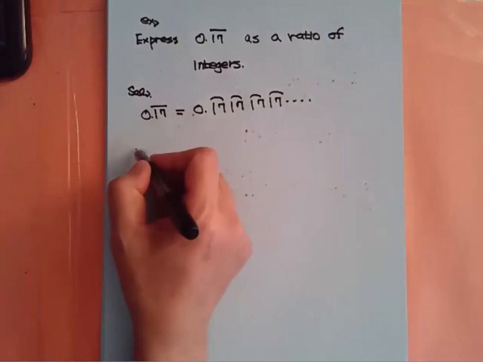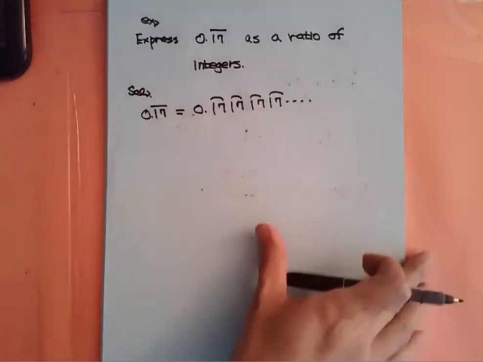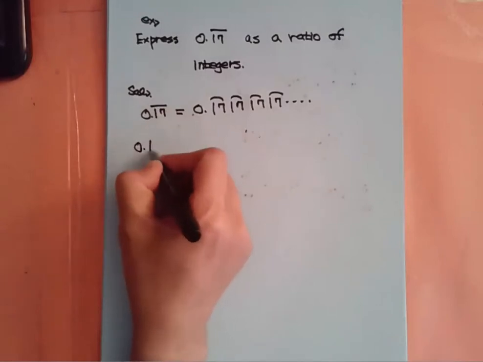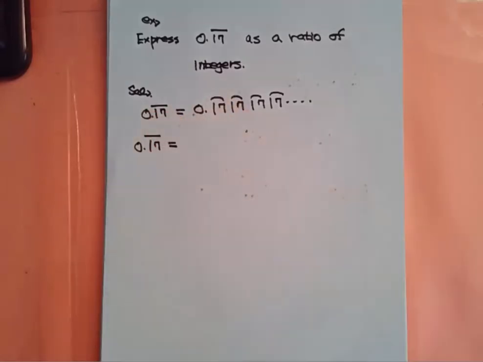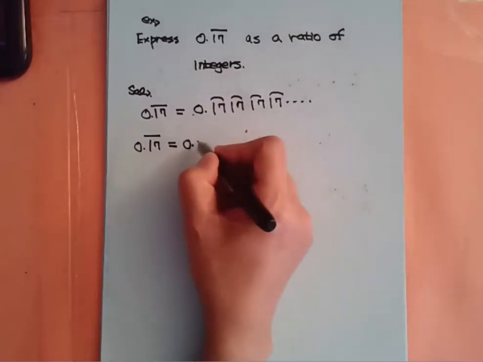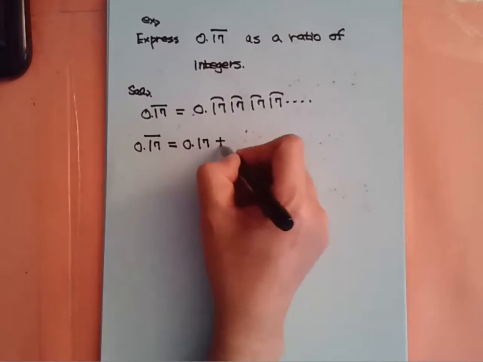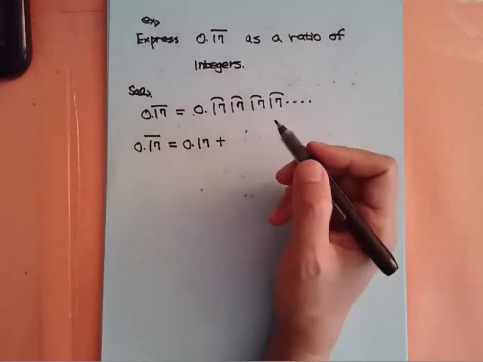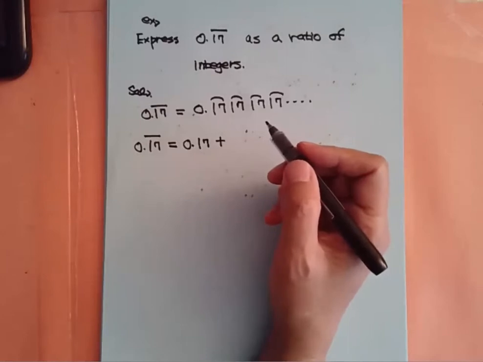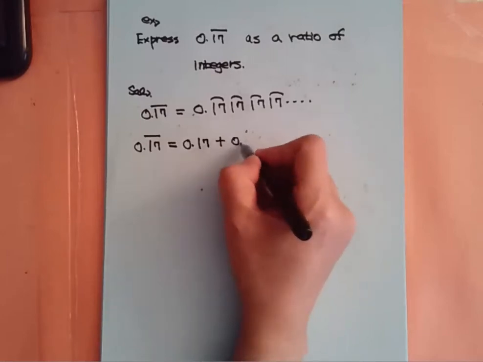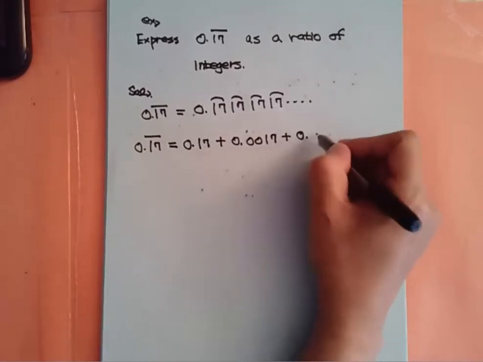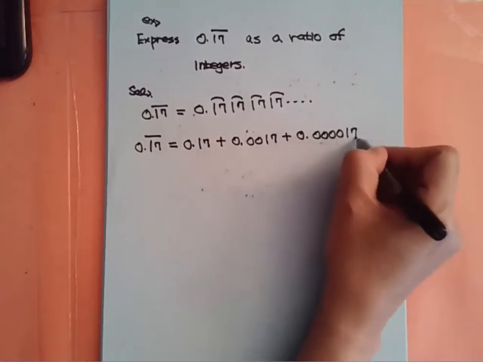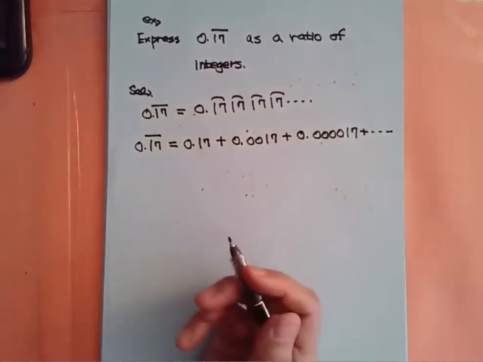So when we think about this number, 0.17 bar can be obtained by the sum of an infinite sequence. It starts with 0.17 plus 0.0017 plus 0.000017 plus, and so on, right?